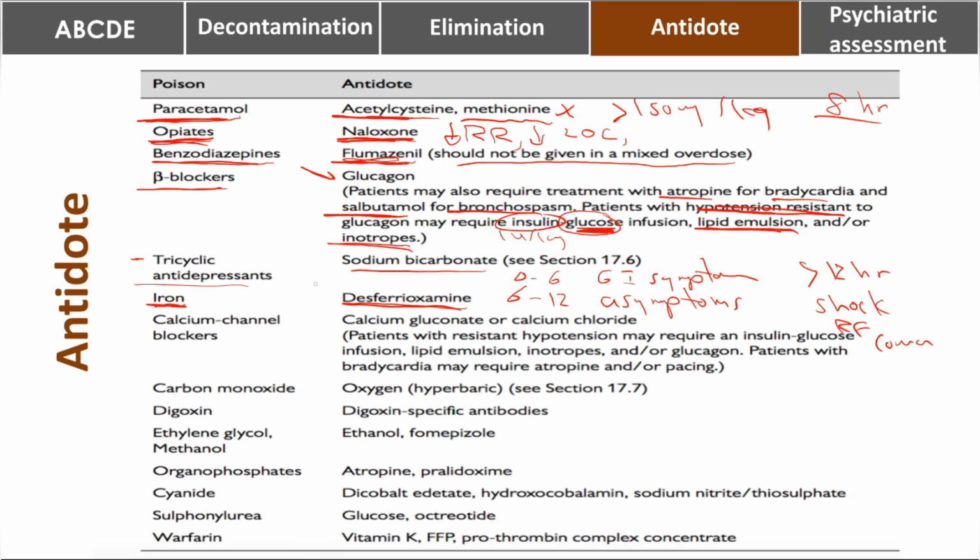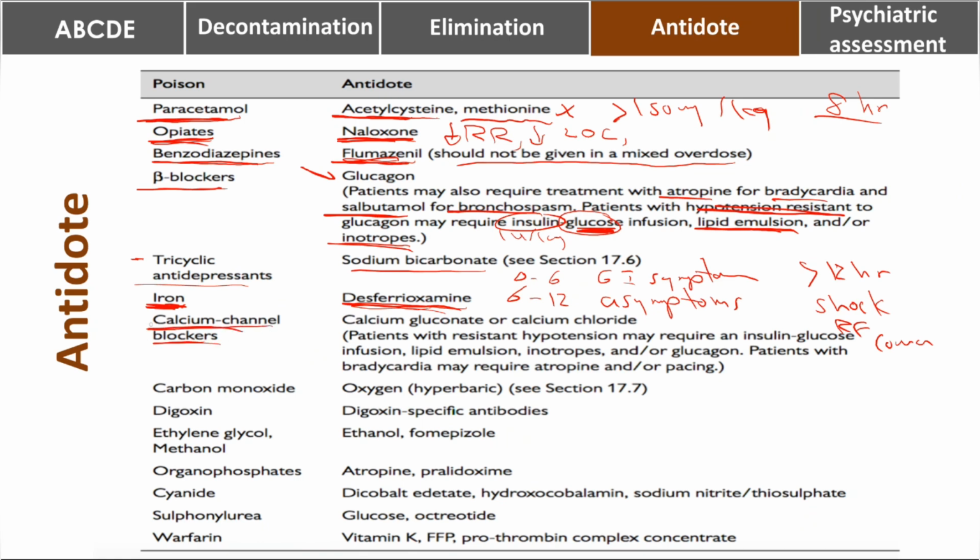So any patient who is symptomatic and has taken a high dose of iron should take desferoxamine. Or even if the patient is asymptomatic, but the serum iron level is constantly rising, then you also have to give desferoxamine.